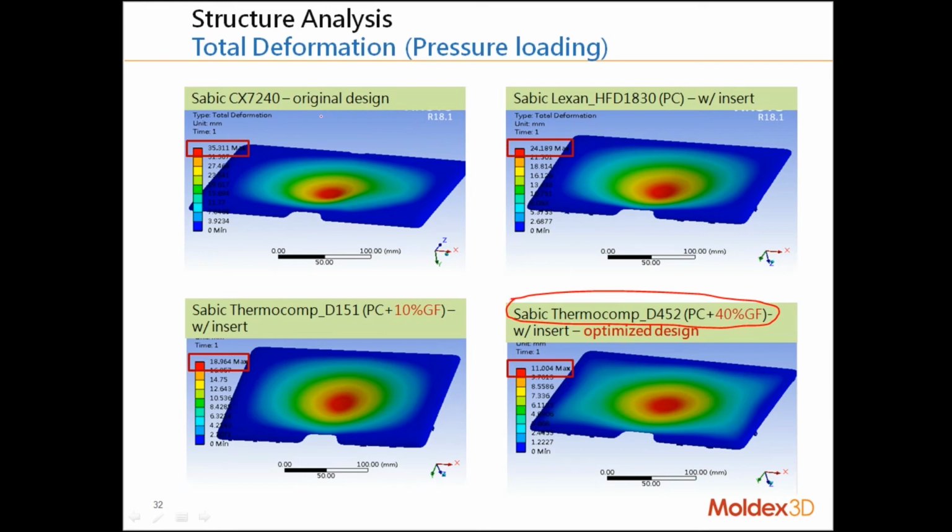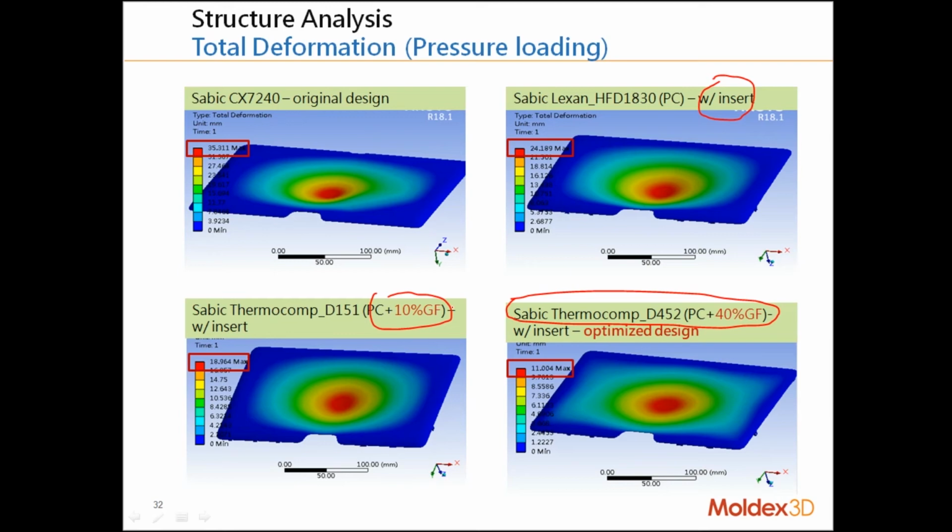But the original design is that all of the part is plastic without any metal insert. The second one is with an insert but without any fiber inside the material. And the third model is polycarbonate plus 10% glass fiber.